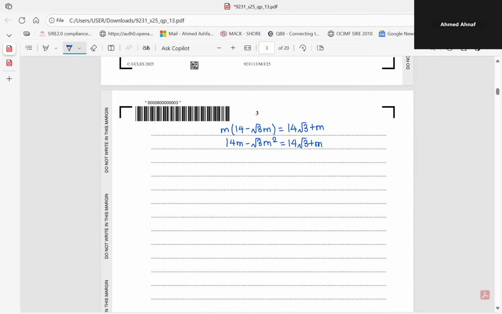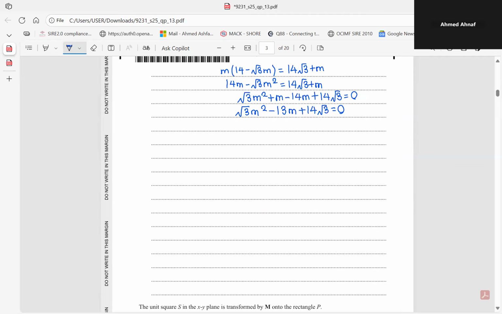We'll get square root 3m squared plus m minus 14m plus 14 square root 3 equals 0. And this would be square root 3m squared minus 14m plus m, that's minus 13m, plus 14 square root 3 equals 0.